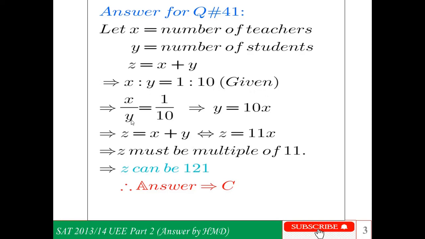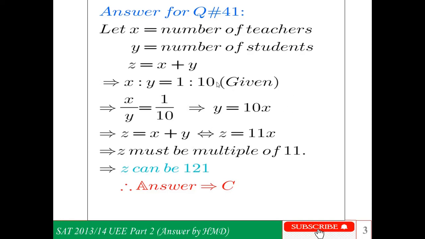X ratio Y means X over Y, or X divided by Y. So X over Y is equal to 1 over 10. If we cross multiply, Y is equal to 10 times X, which is 10X. This means the number of students in the school is 10 times the number of teachers in that school.